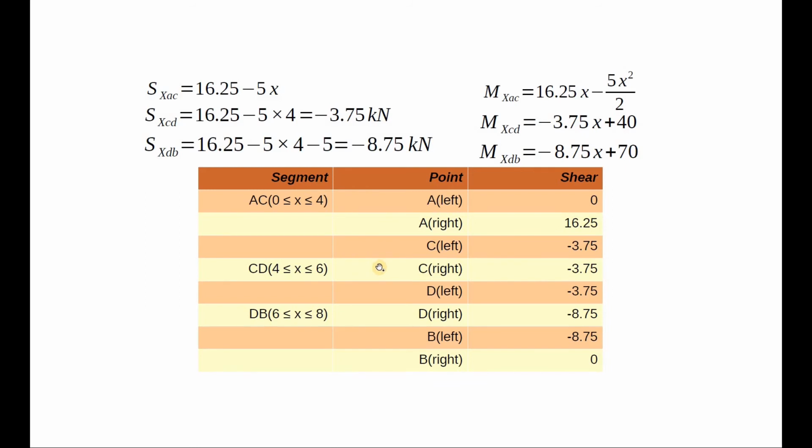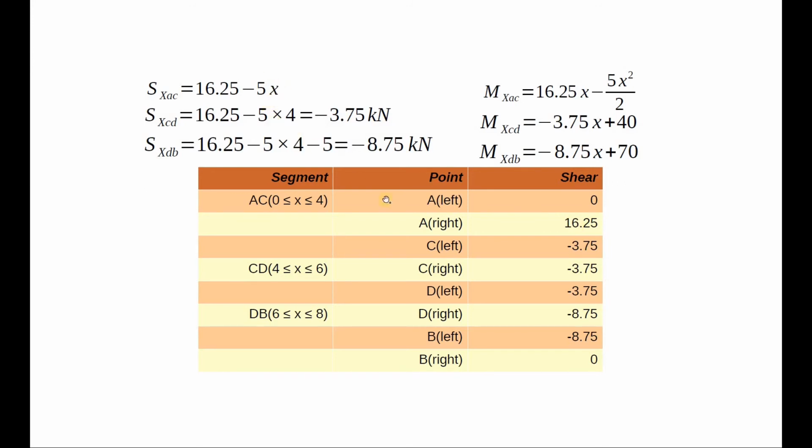Let us now substitute the values of x in each of these expressions. Focusing on the first expression where our x is ranging from 0 to 4, we can see that on the left of A, because the beam doesn't exist there, the value of shear is 0. Just to the right of A, x equals 0. Putting x equals 0 there, you get 16.25.